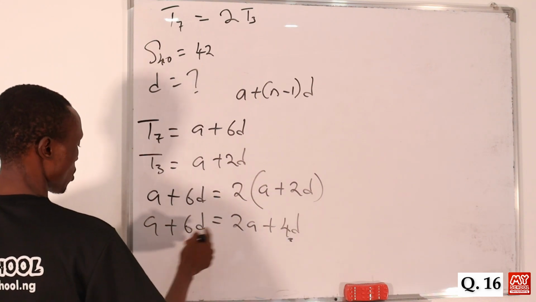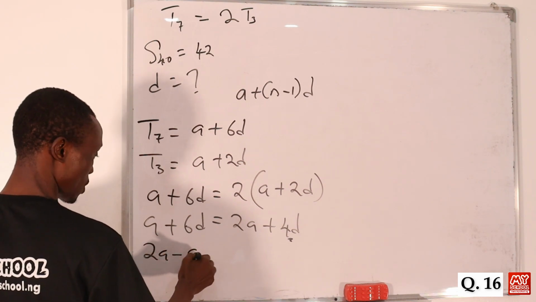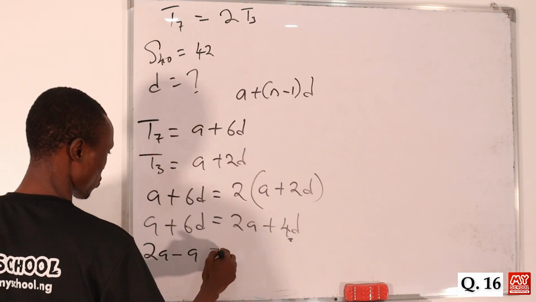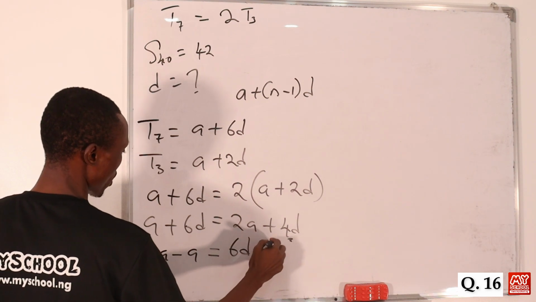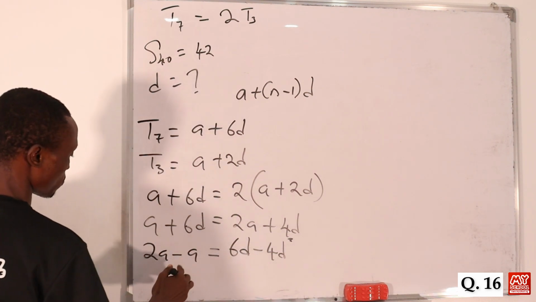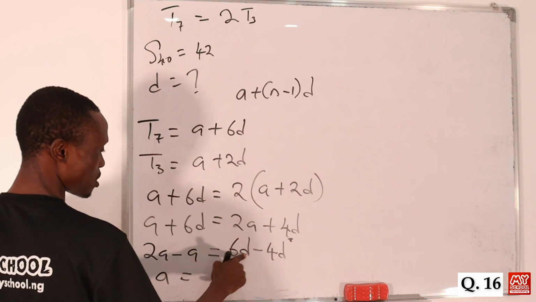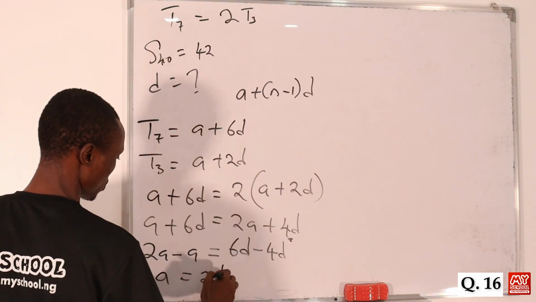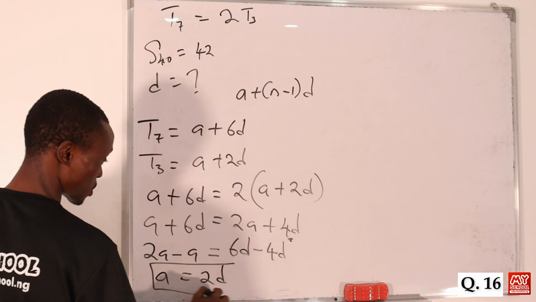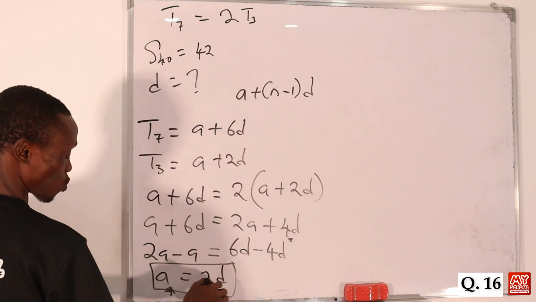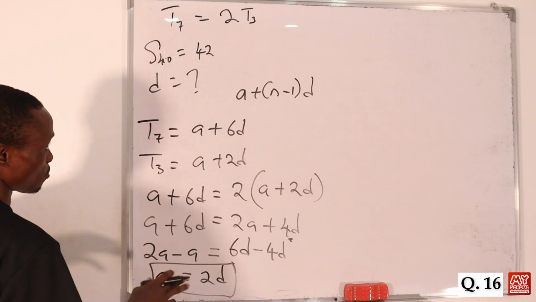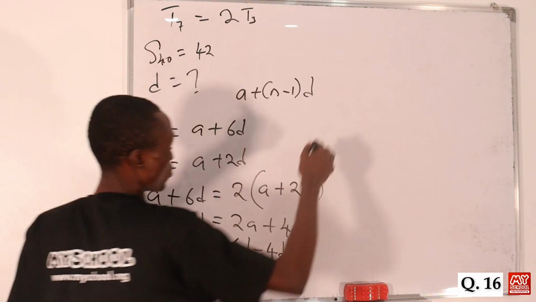Here we'll be having 2a minus a, it's equal to 6d minus 4d. So 2a minus a is going to give us a is equal to, then 6d minus 4d is going to give us 2d. So what this means is that the first term is equal to twice the common difference.